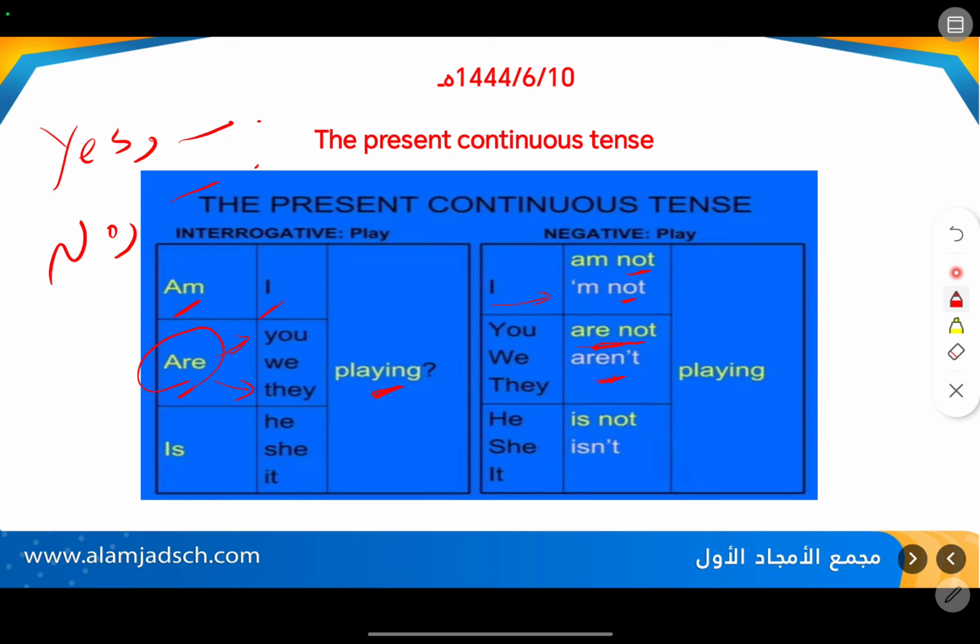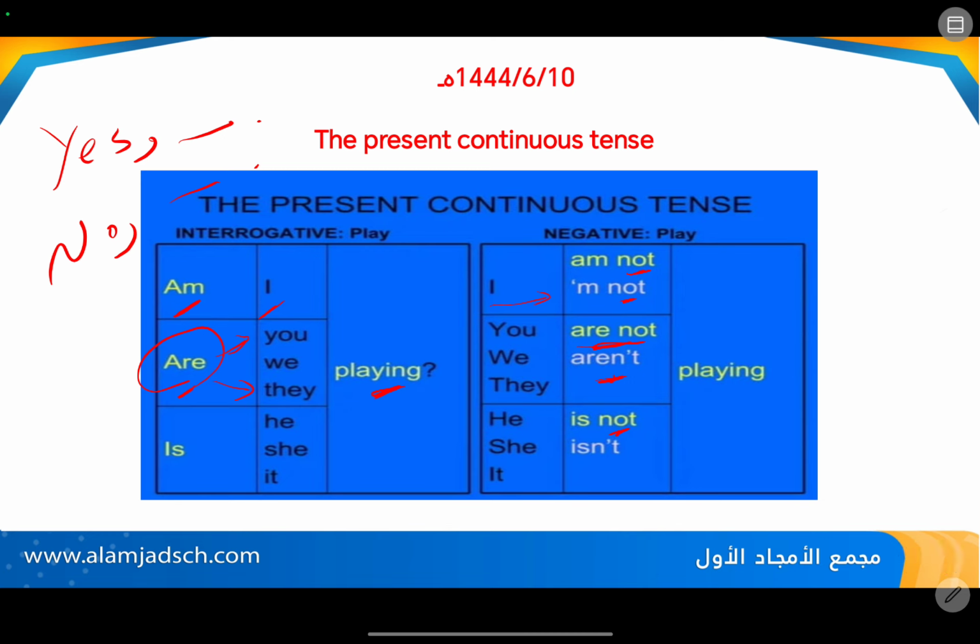For example, you aren't playing, we aren't playing, they aren't playing, and so on. What about he, she, it? After he, she, it, and is, you add not. For example, he isn't, she isn't, it isn't, and so on.